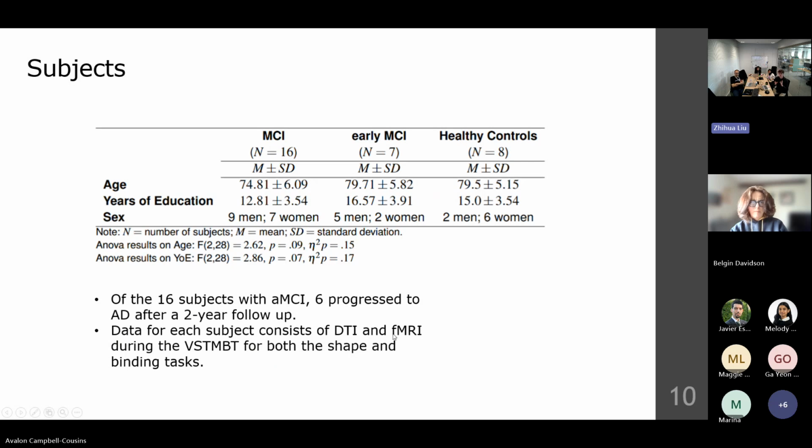It's the same visual short-term memory binding task that Melody introduced earlier. But we're also looking at shapes on their own and colored shapes as 2 separate tasks. So it's a small data set, but we can probe a ton of different hypotheses based on the task, based on different networks that are based on structural brain networks and functional brain networks.